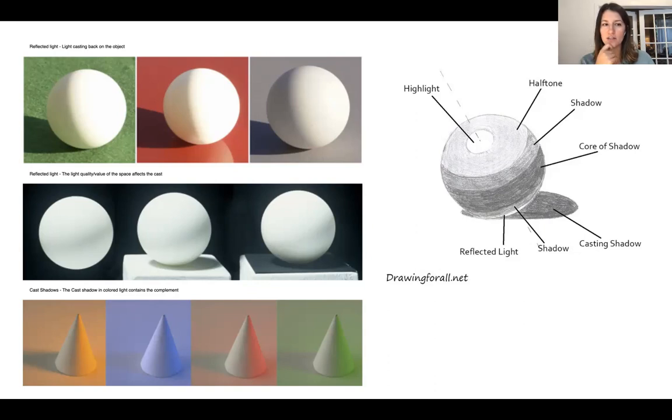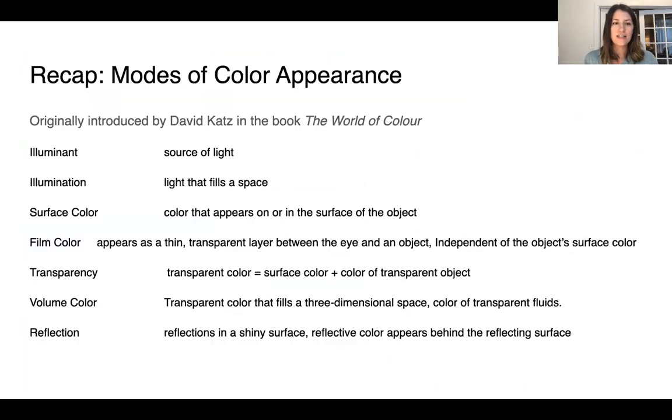So on the right here, just a refresher about observational light and highlight, halftone, shadow as light evolves and changes over a surface of an object, cast shadow, reflected light. So the cast shadow onto the surface creates a film color that changes the perceived color of whatever that surface is. So many interesting ways to talk about color. So here's just some nice visuals for you all to consider.